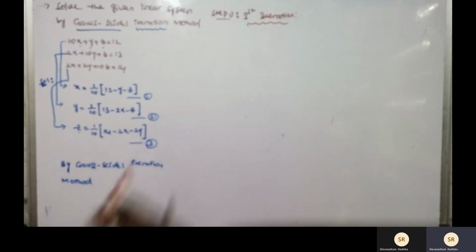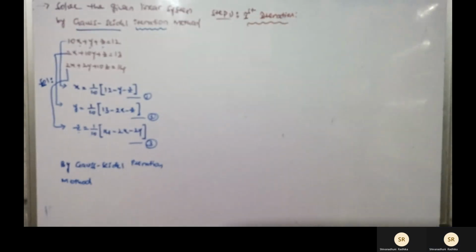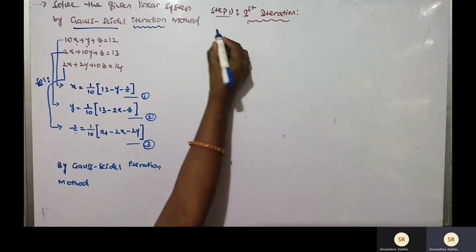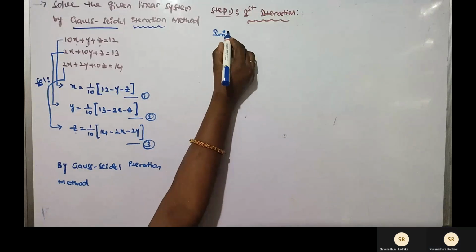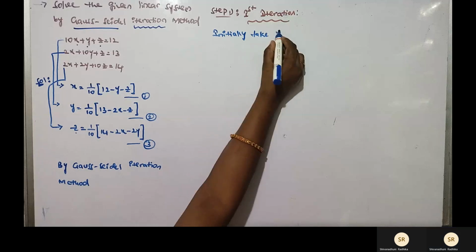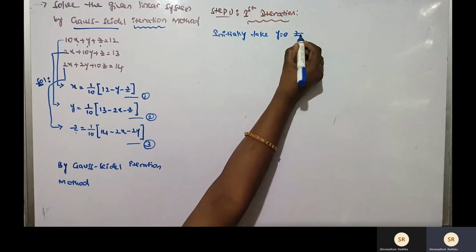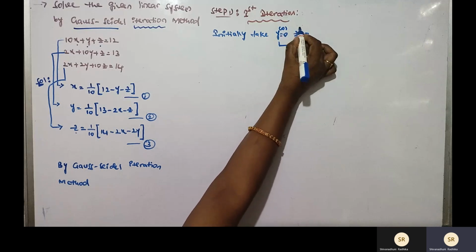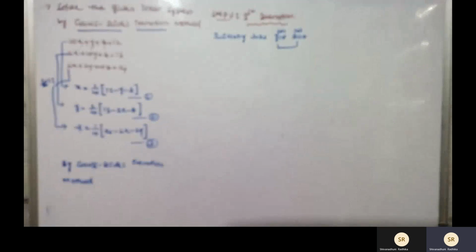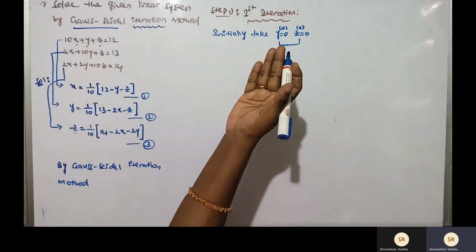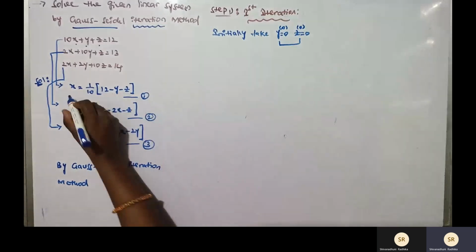Now, initially, the first approximation has zeros for y and z. Initially take the values y equals 0, z equals 0. These are the basic values, that means the initial values are denoted with y of 0 and z of 0. Next, substitute these values in the x equation.